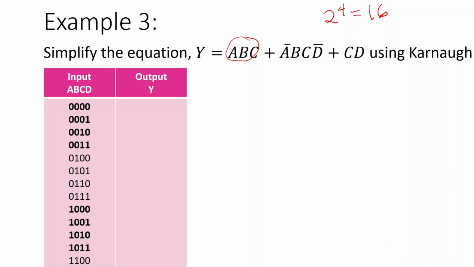And then go to the second term, A bar B C D bar, which is 0110. So 0110 in this table is here, so we mark 1 at input 0110.